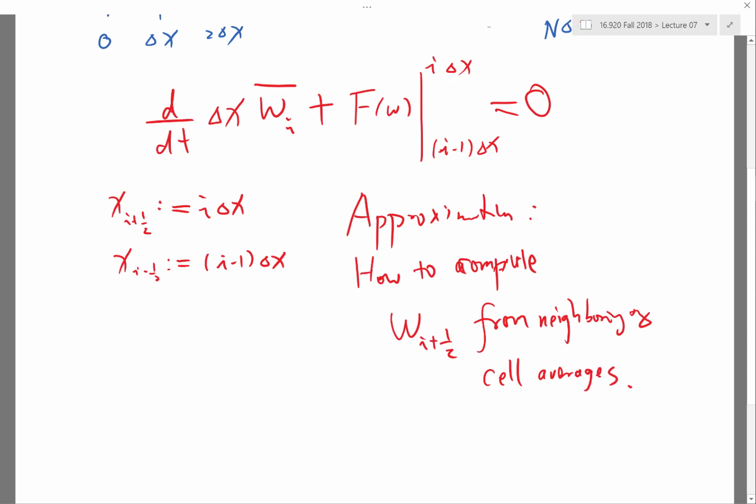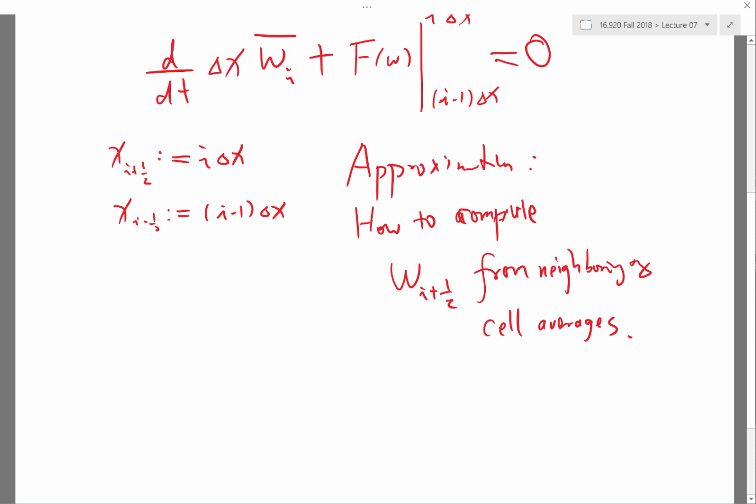For example, the simplest thing we can do is take w at i plus half approximately equal to the average of w_i bar and w_{i+1} bar. So that's one way of doing the approximation.